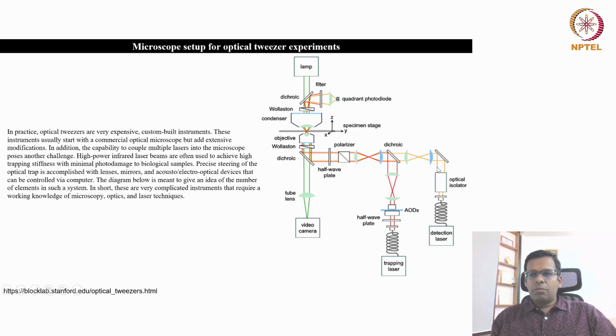Both these lasers are combined here, then they illuminate the sample, and the position of the bead is observed by this quadrant photodiode. This is a detector to observe the position of the bead, but you see that the red color IR laser will not go to the quadrant photodiode, so you cannot see the laser trap here using this photodiode. You will only see the image of the bead.